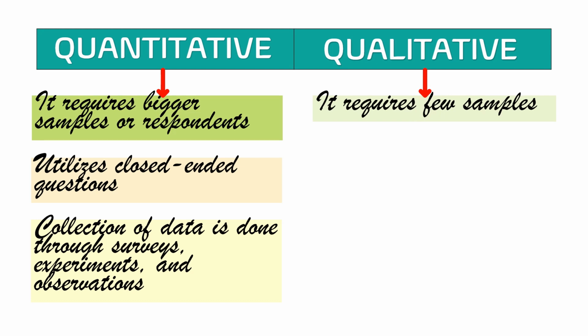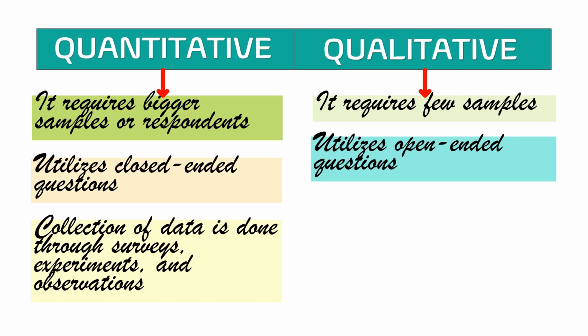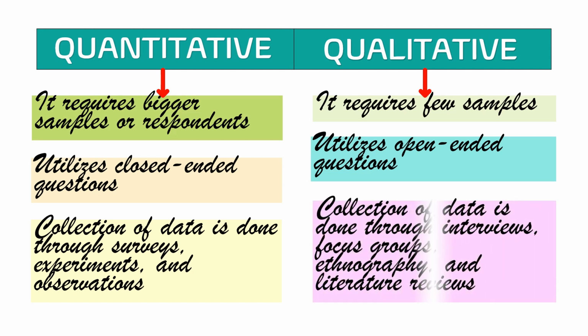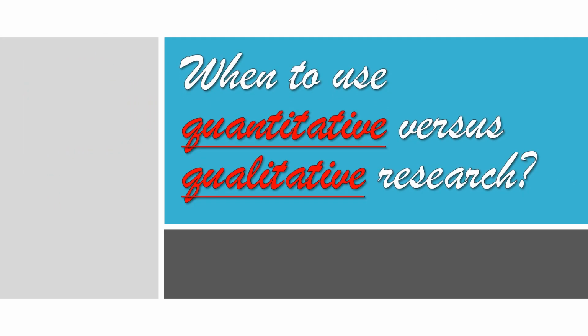Qualitative requires few samples, it utilizes open-ended questions, and collection of data is done through interviews, focus groups, ethnography, and literature reviews. The question is, when do we have to use quantitative or qualitative research?